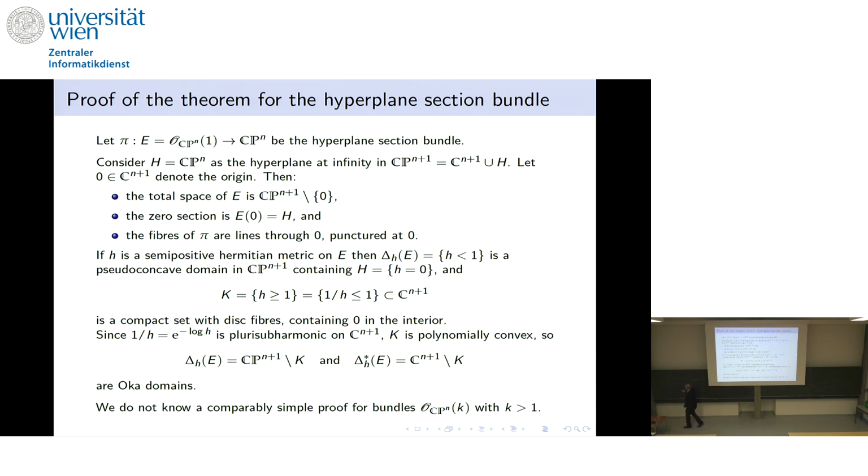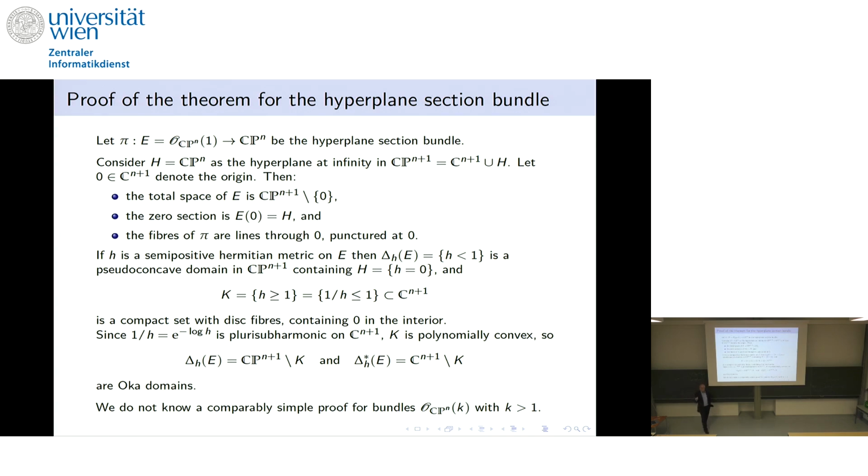And you can identify E, the total space of E, which is O(1) over CP^n, with CP^(n+1). The total thing is now CP^(n+1), right? C^(n+1) union H. Okay, so you can identify it with this minus 0.